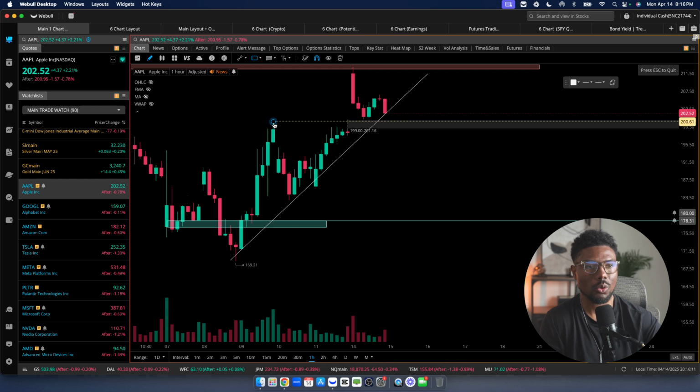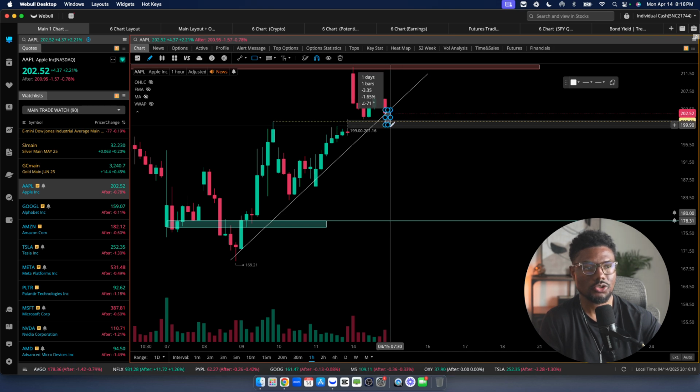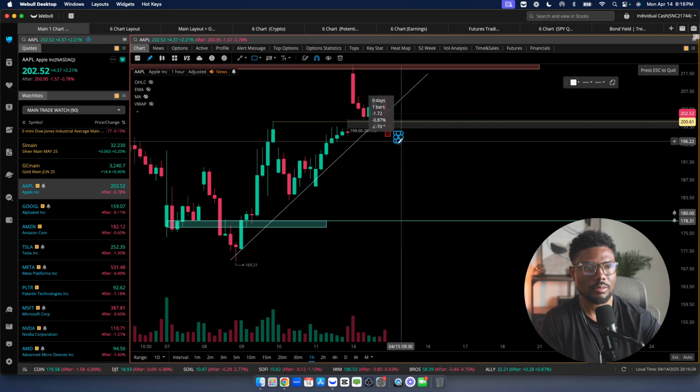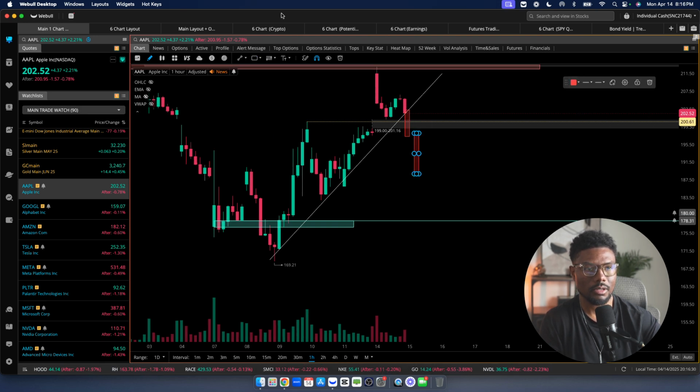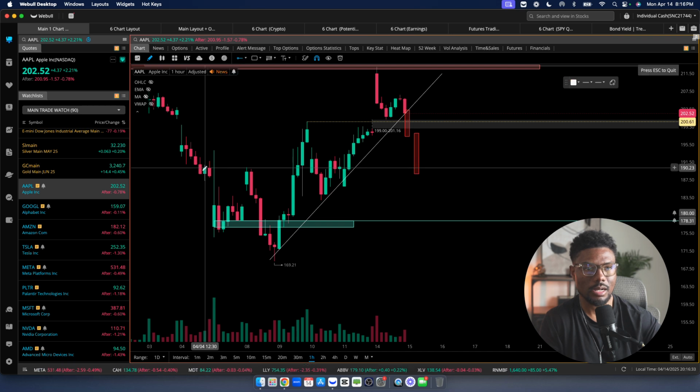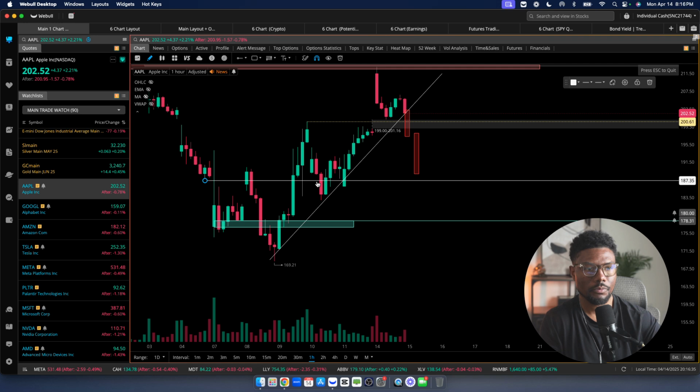If it cannot hold that 200 previous resistance turned support, and it starts breaking this trend line with aggression, well, now Apple has the possibility to gravitate back to the next level of support, which is roughly around these different levels that I'll mark.